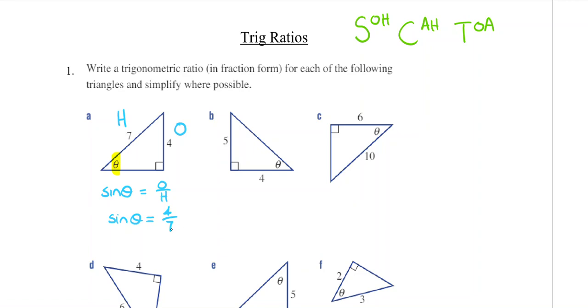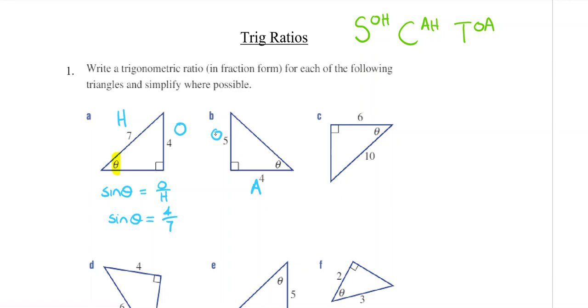Okay, let's do it again. Label these sides. So let's start with the 4 again. What would the 4 be called? Adjacent, because these are my two angles, it's the one between the two angles. So it's the adjacent. The 5 is the opposite. All right, so we have adjacent and opposite. Which one of these uses adjacent and opposite?